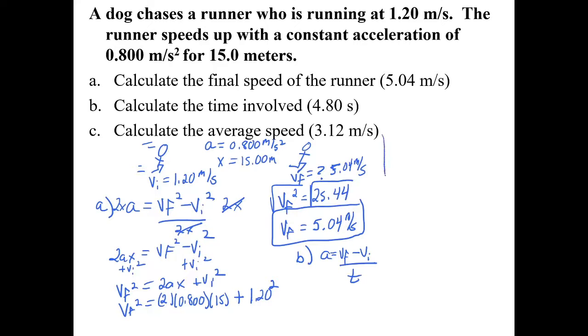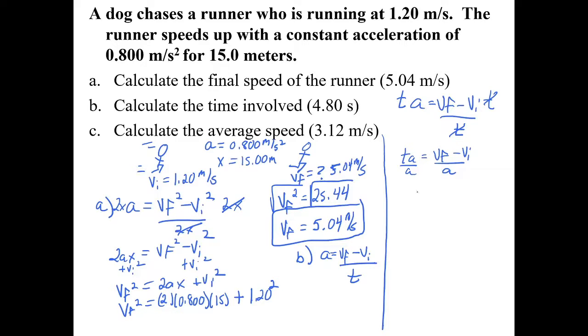All right, now I'm running a little bit low on space here, so I'll write it up here. Acceleration is v final minus v initial over t. We're interested in t. So let's multiply both sides by t. So time times acceleration is v final minus v initial. Divide by a.